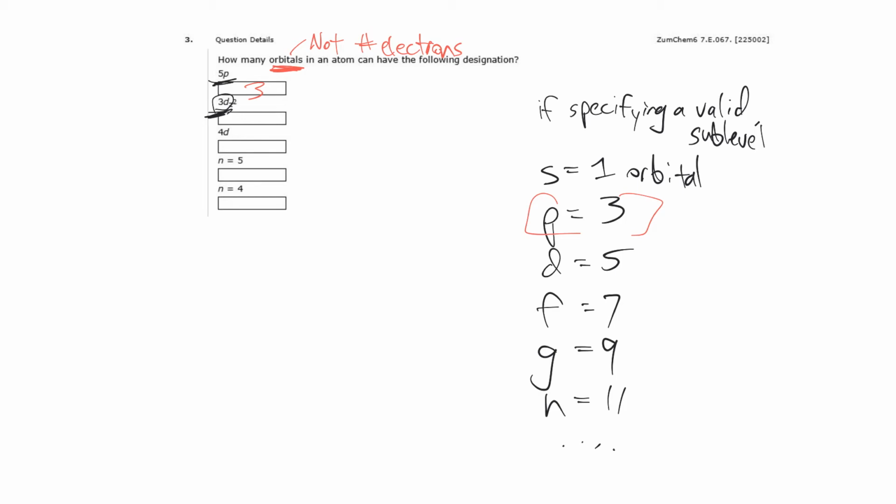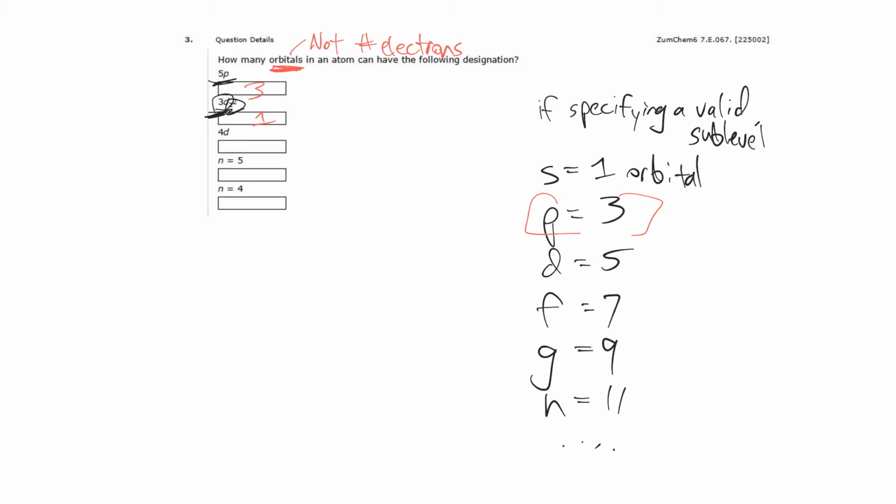Well, angular number 2 corresponds to a d sublevel. So yes, that's valid. And then z squared, that actually specifies a particular orbital within the d sublevel. Yes, any d sublevel has up to 5 orbitals, but this one is specifying a particular one of those, so only 1 orbital can have that designation.